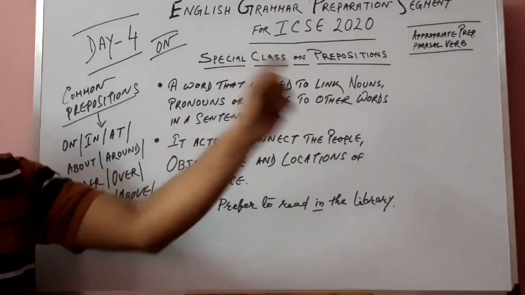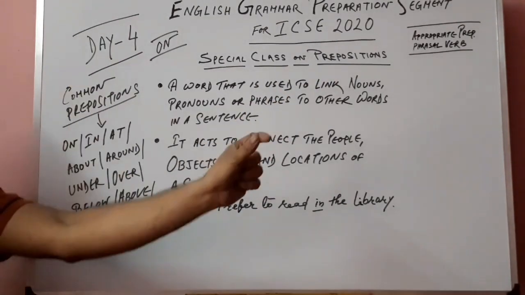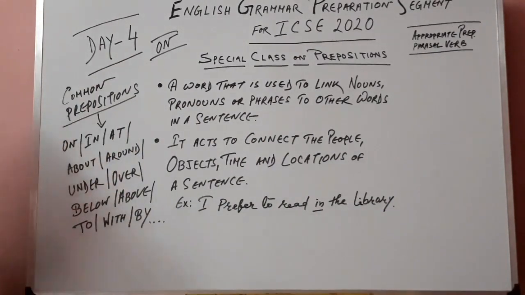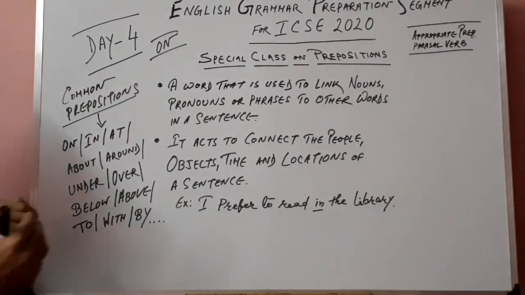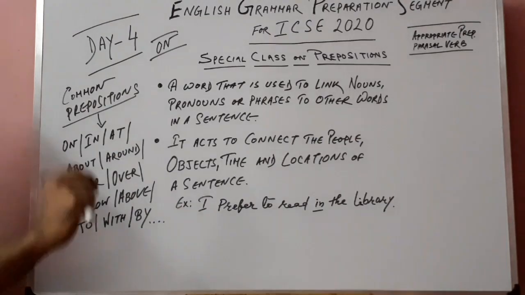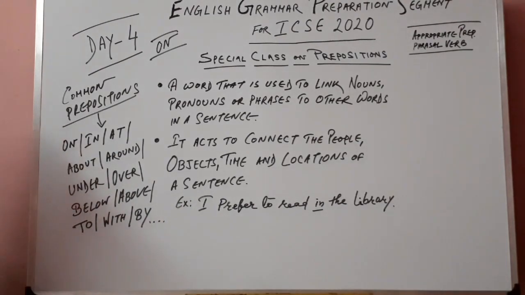So the word congratulate must be there, and if the word congratulate is there, by default we should use the preposition on. So you should get in touch with some words for which a particular preposition will be used. That we'll be discussing today.